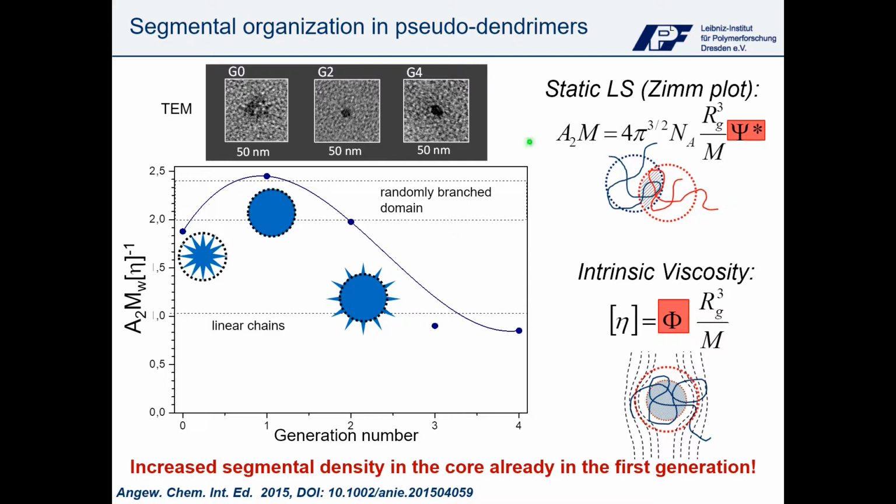This means that we have to take the ratio between the second virial coefficient and the molar mass and the intrinsic viscosity. Taking into account this ratio and plotting it against the generation number, we obtain directly information of the segmental density of our structures.